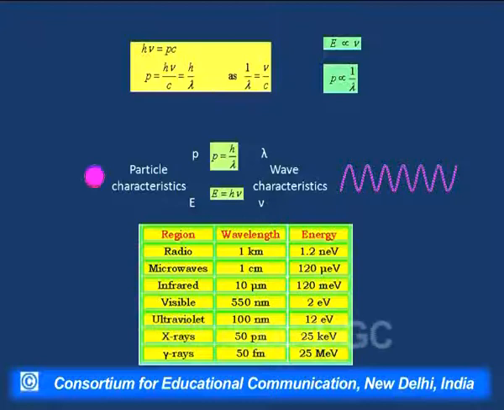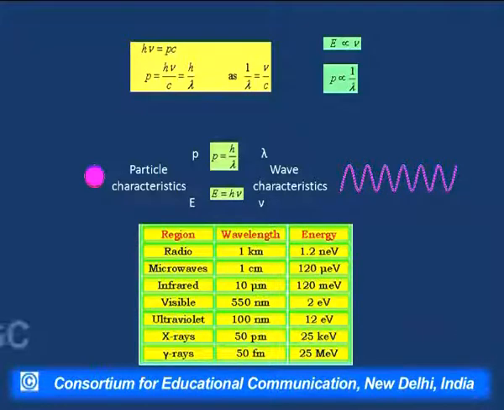Now, in place of E we can put h nu, and this is equal to Pc, and from here we can get P is h nu over c. This nu over c can be written as 1 by lambda, because we all know that c is equal to nu lambda.